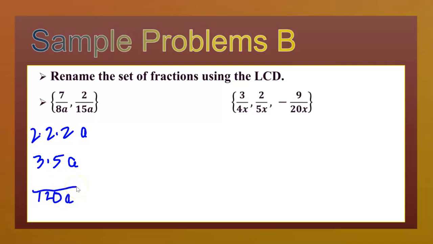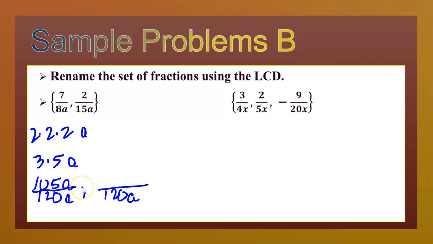So 120a is our least common denominator. 8 times 15 would give us 120, so 7 times 15 would give us 105a.